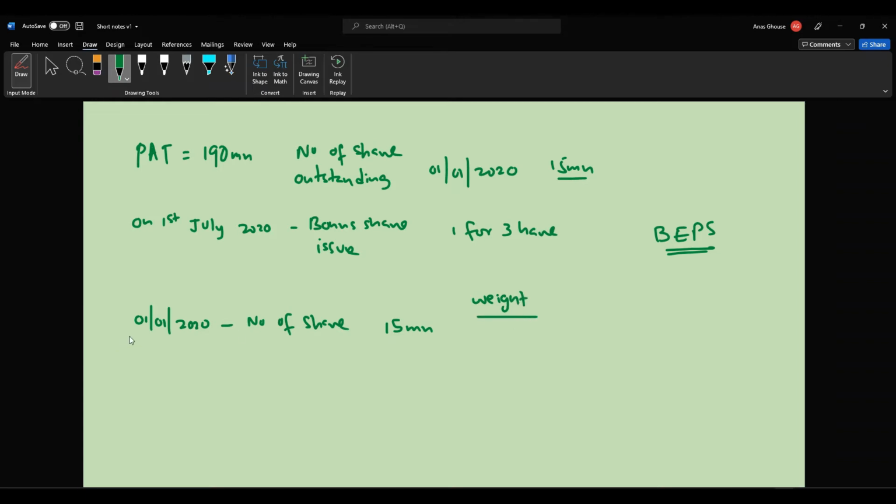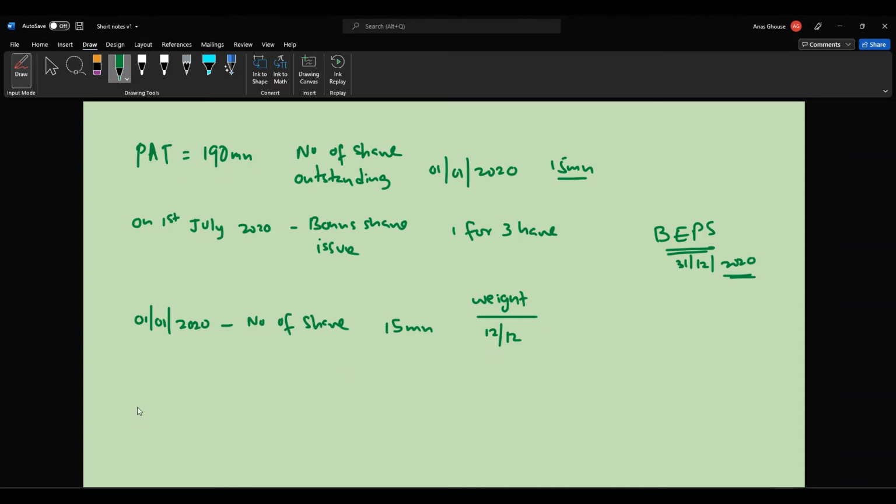Since we have to calculate the basic earnings per share as of 31st December 2020, these shares are held from 1st January 2020 till 31st December 2020. So therefore we can take the weight of 12 months, 12 out of 12.